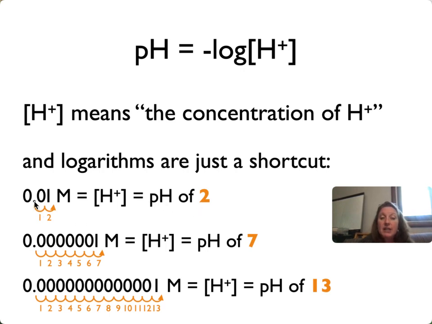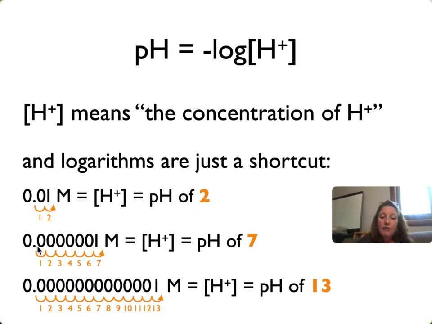And how we know this, other than doing the math to figure out what a logarithm is, is we just move the decimal place until we get to a whole number. So if I have to move the decimal 1, 2 places so that I have the number 1 instead of a fraction of 1, and because I moved it 2 places, this is a pH of 2.